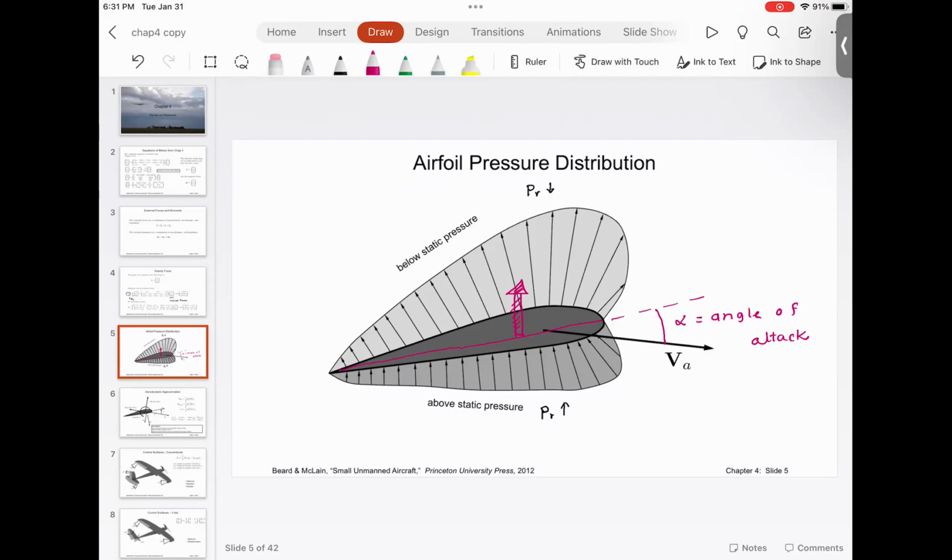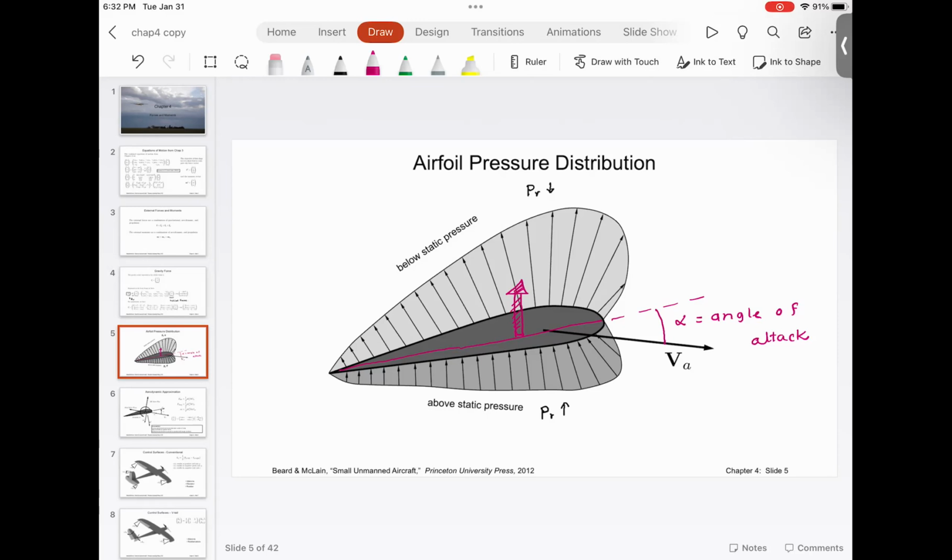But for passenger jets or commercial jets or MAVs that we use, we don't want the aircraft to stall. We want to make sure that the angle of attack is below the critical angle of attack.